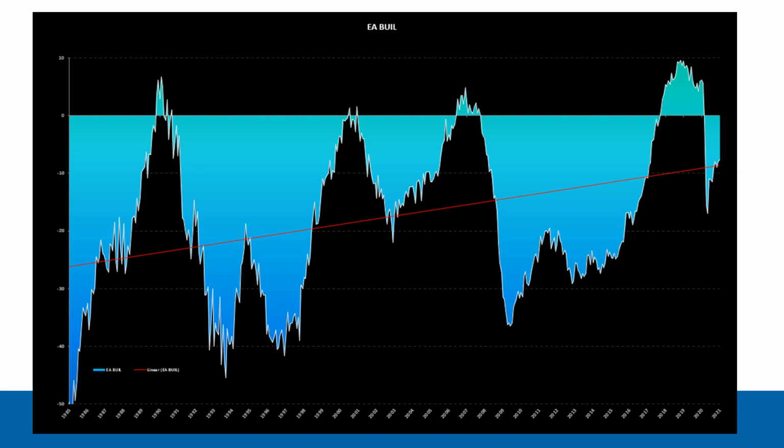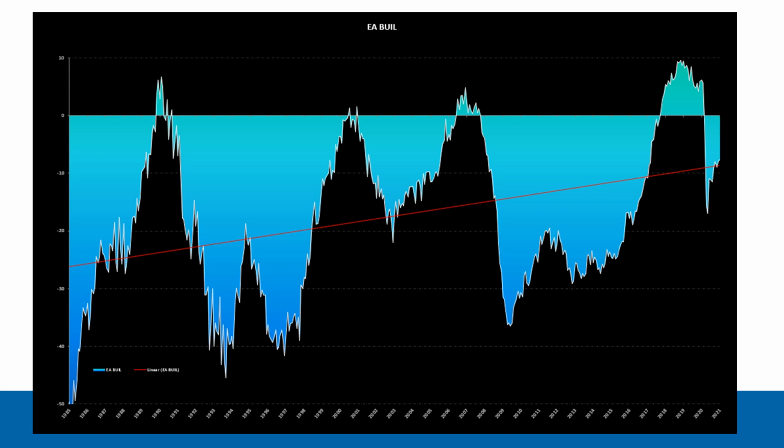We also get a positive period in construction in the tail end of the boom before the financial crisis in 2008-9. So we get that construction positive sentiment in 2006, 2007.